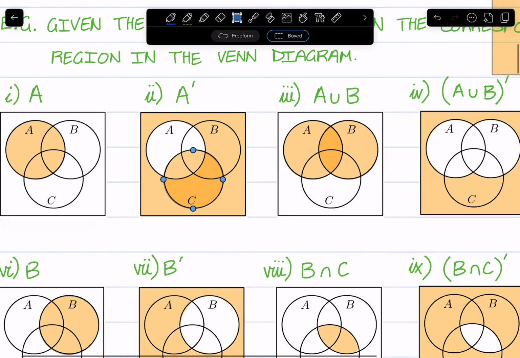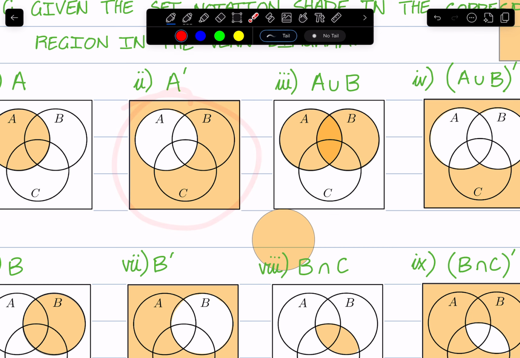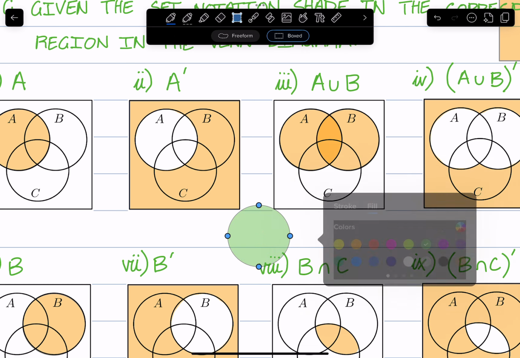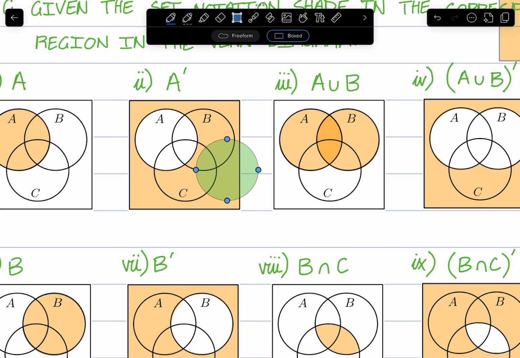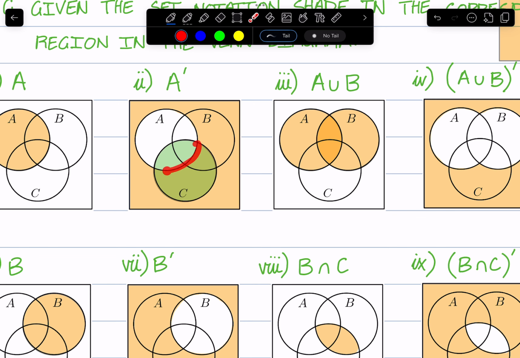A little trick for this is to highlight like so, so this is not A. If you then highlight in a different color, let's do this one in green, and take C and highlight all of C, you can see that there is a portion there that is doubly highlighted or colored in both colors.